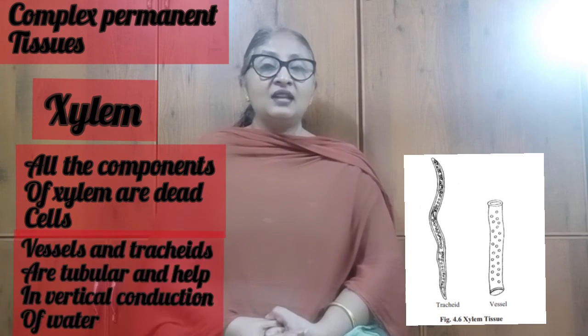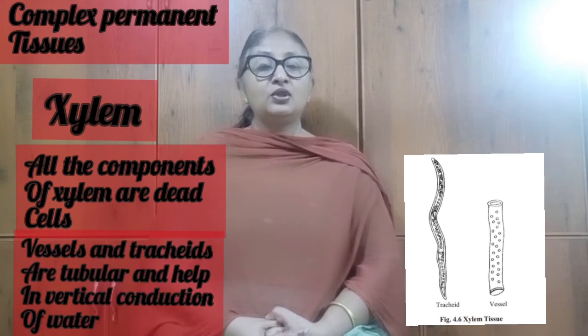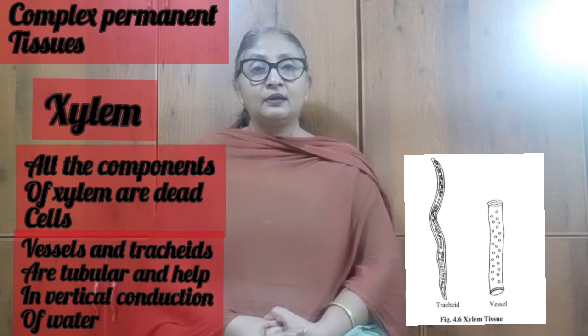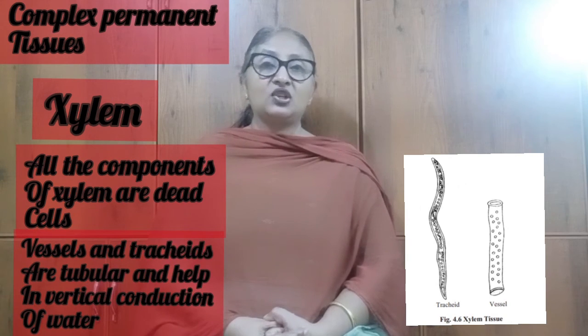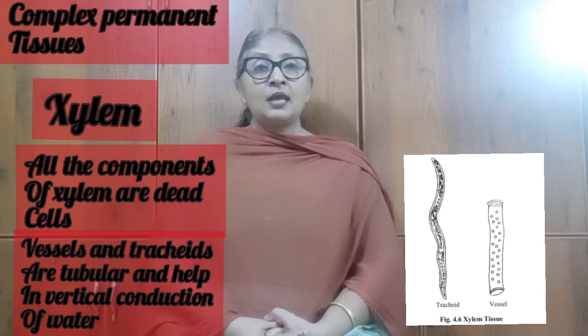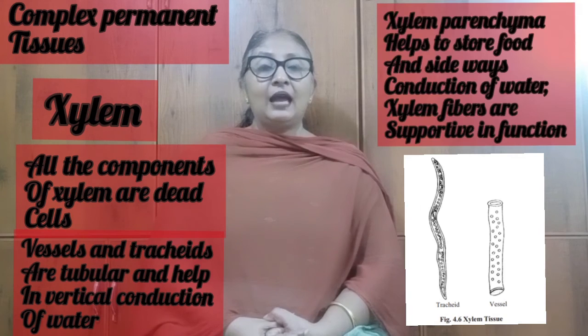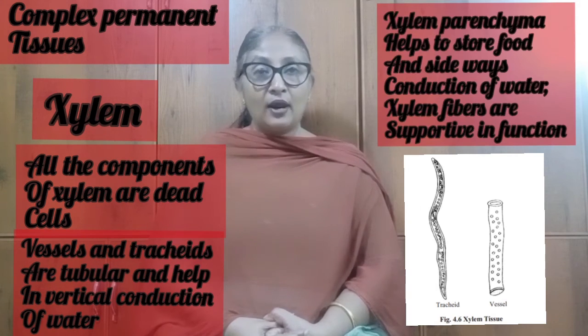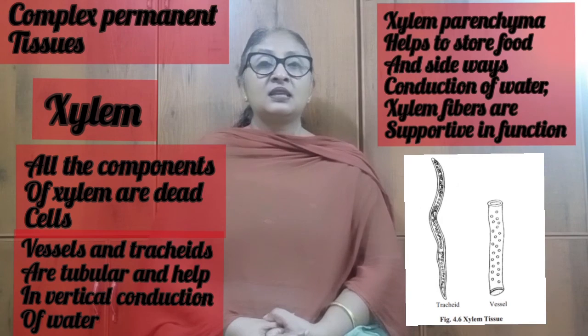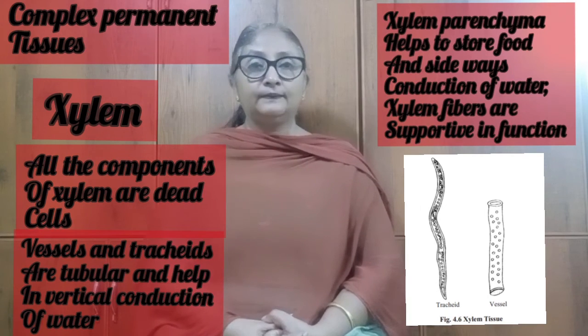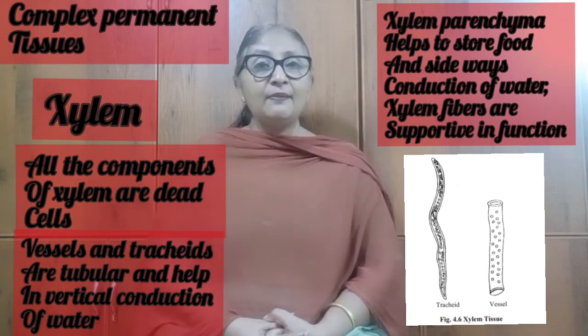The vessels and tracheids are tubular and help in the vertical conduction of water. Xylem parenchyma helps in storage and also sideways conduction of water. Xylem fibers are supportive in function.